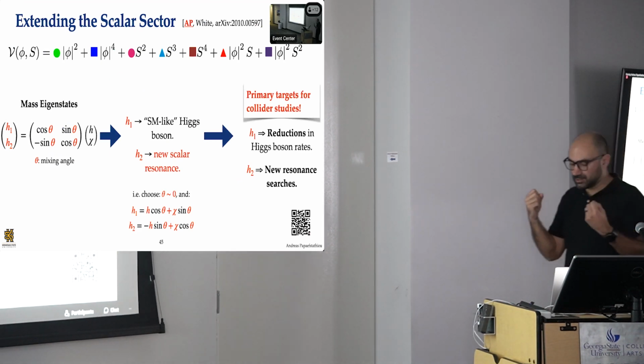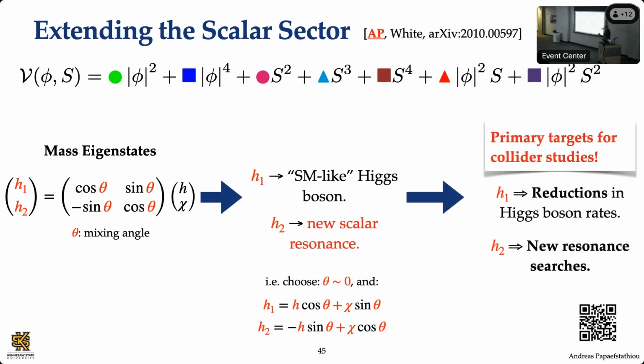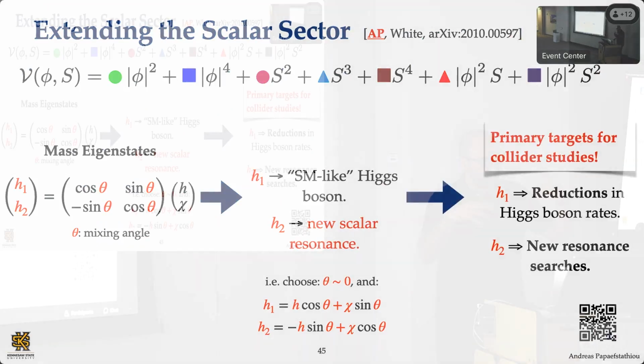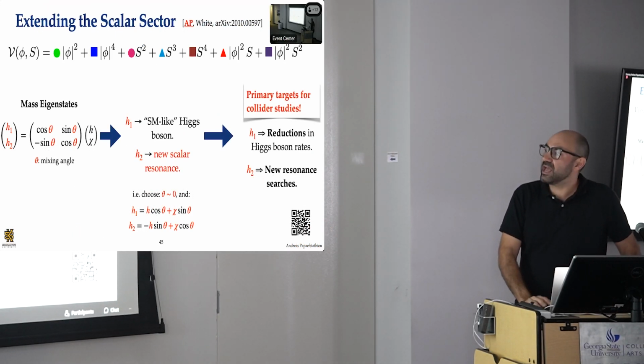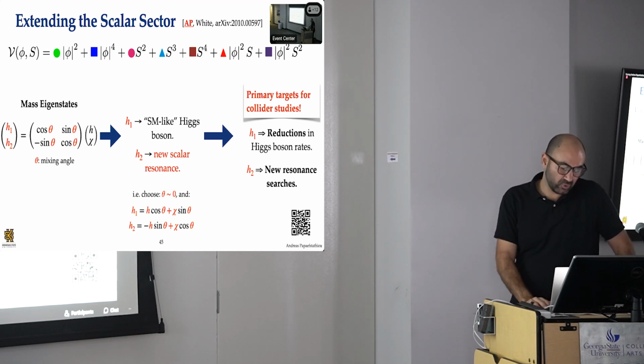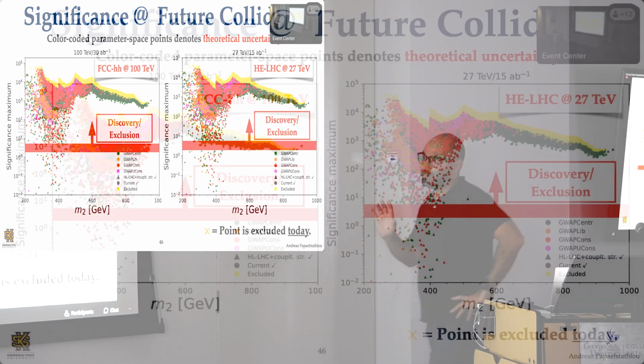If you ask the question, this is my model, what will I look for in a collider? These two particles: the Higgs boson, but with reduced production probabilities, and a new resonance. So we asked this question for specific future colliders. I just wanted to show you this graph very briefly.